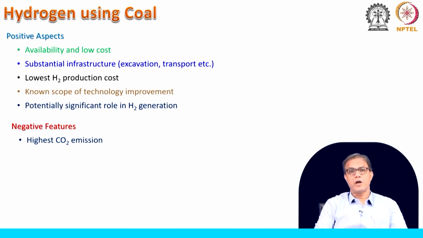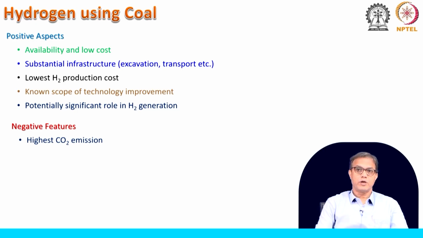In terms of energy, to generate a unit of energy using coal we need nearly 80% more CO2 generation as compared to natural gas. If we generate the same amount of energy from coal and from natural gas, coal will produce nearly 80% more CO2.